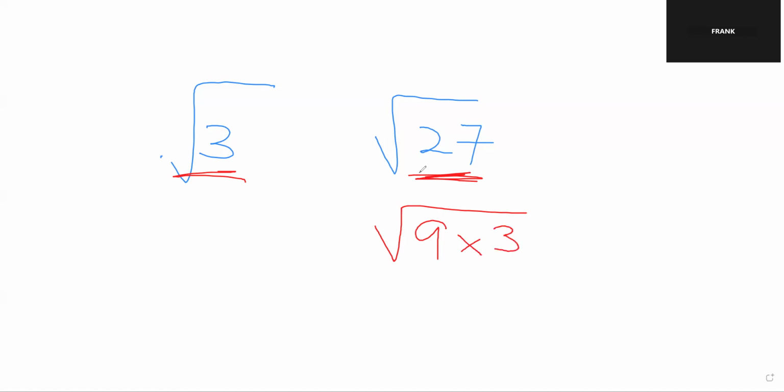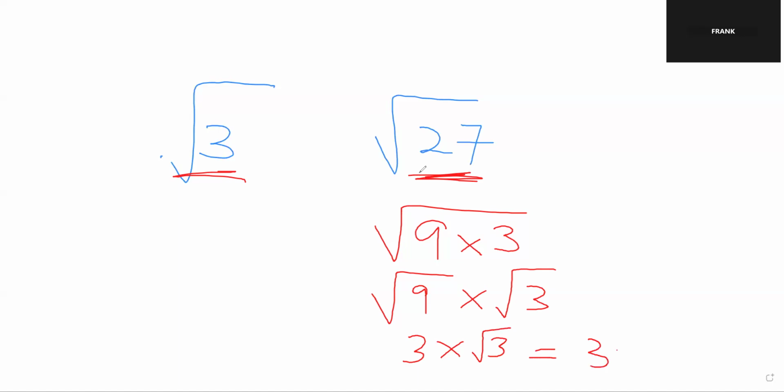That's 3. So we have root 9 times root 3. Root 9 is 3, so 3 times root 3 is 3 root 3. So obviously root 3 and 3 root 3 are like surds.